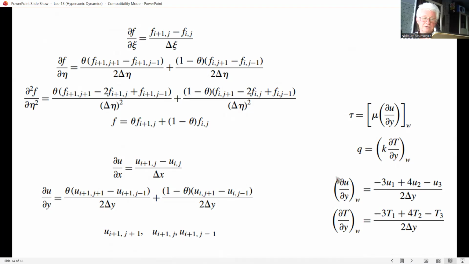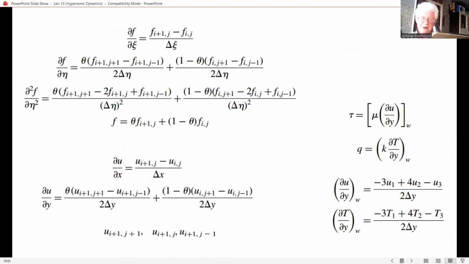In the last two equations, the subscripts 1, 2, and 3 denote the wall point and the next two adjacent grid points above the wall. Of course, because of the boundary conditions of no velocity slip and a fixed wall temperature, u1 equals 0 and T1 equals T sub wall in this equation.